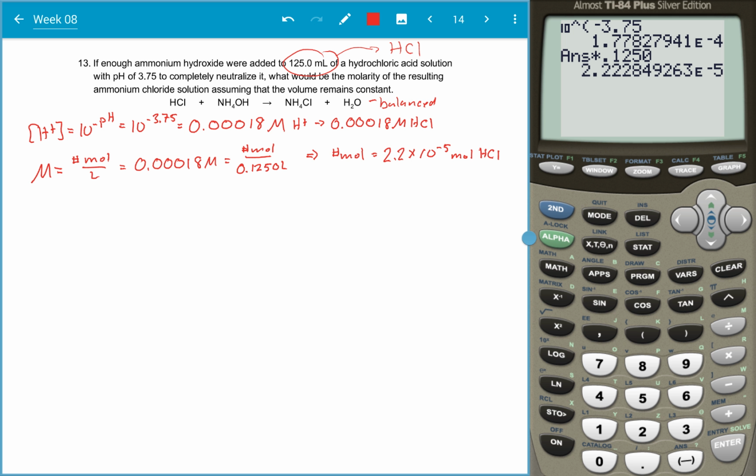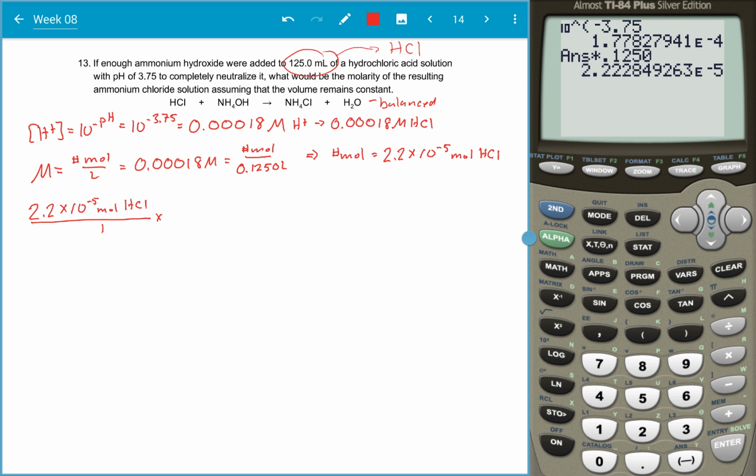Now, the problem's asking us for ammonium chloride, so I need to do a little stoichiometry here. I can start off with my 2.2 times 10 to the minus 5 moles of HCl.